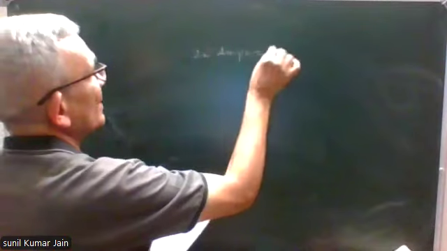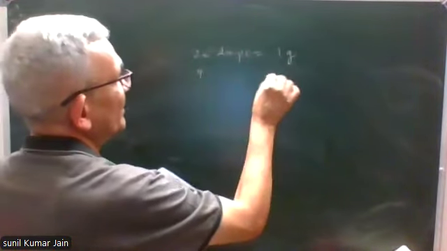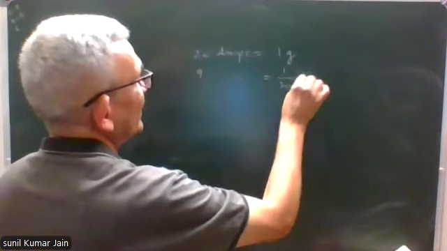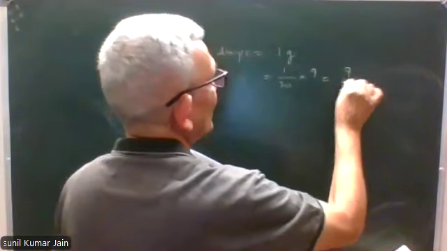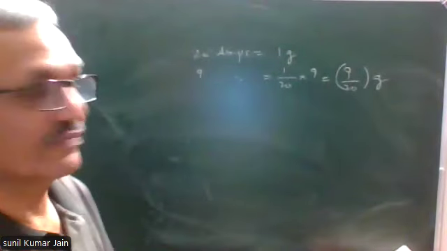So 20 drops will be 1 gram, and 9 drops will be 1 divided by 20 into 9. So basically we have so much of water.